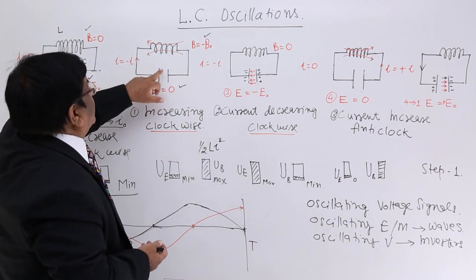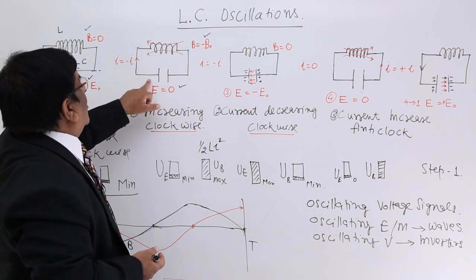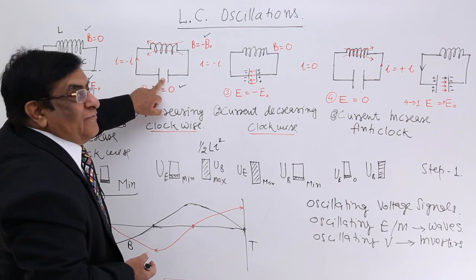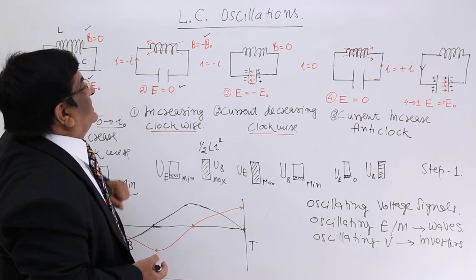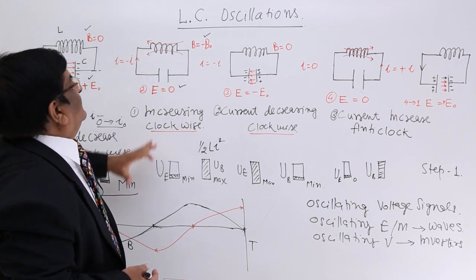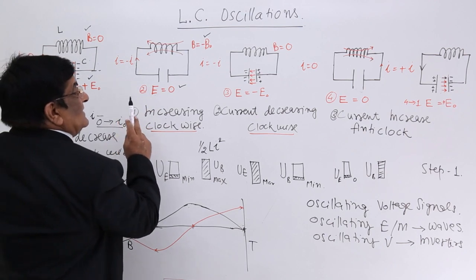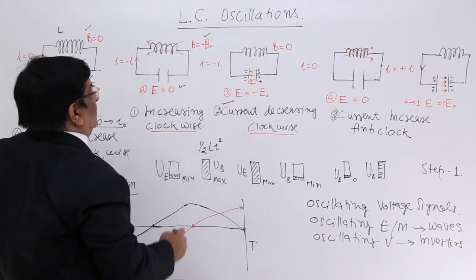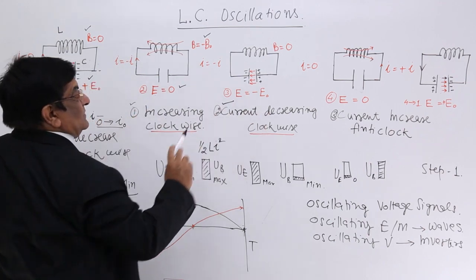So finally the stock finishes. Now when this stock is going to finish, the current decreases. What is the nature of the inductor? When the current is decreasing, that is this stage. Now we have come to this stage.